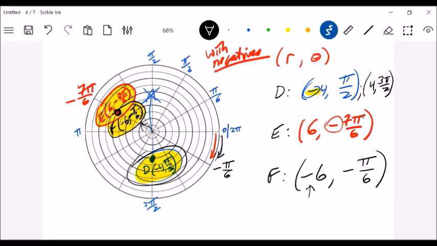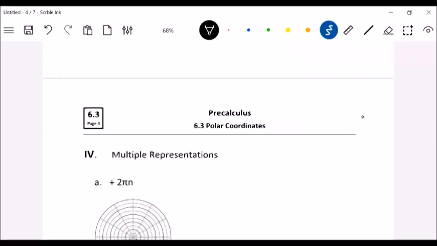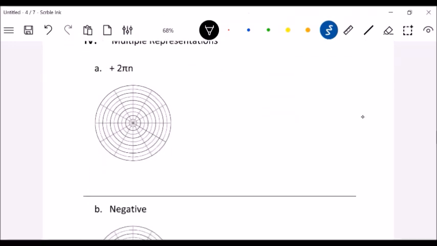All right, now let's take a look at what we call multiple representations. And what that is where we are going to add 2 pi n to go around the circle an extra time. And we'll do that here.